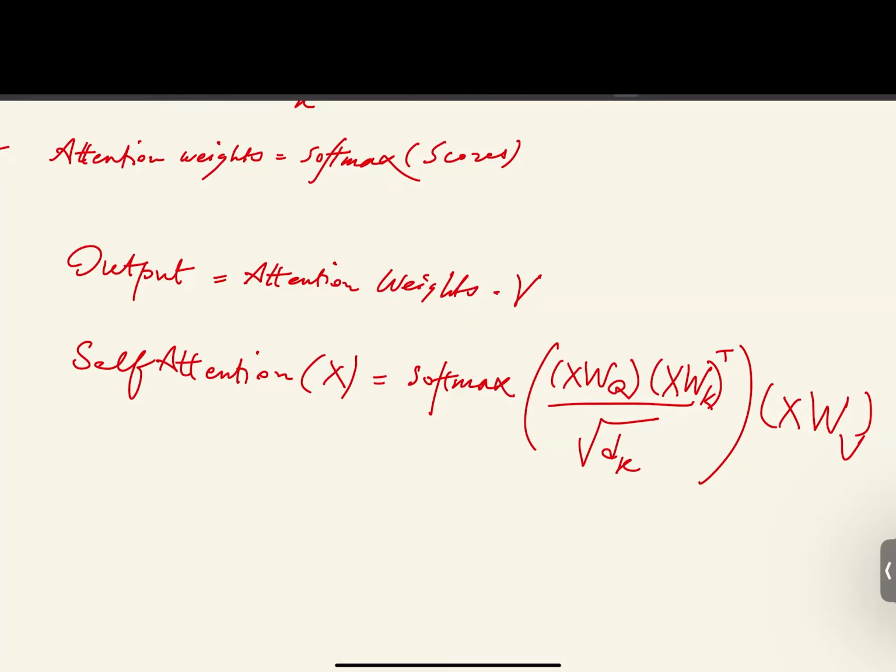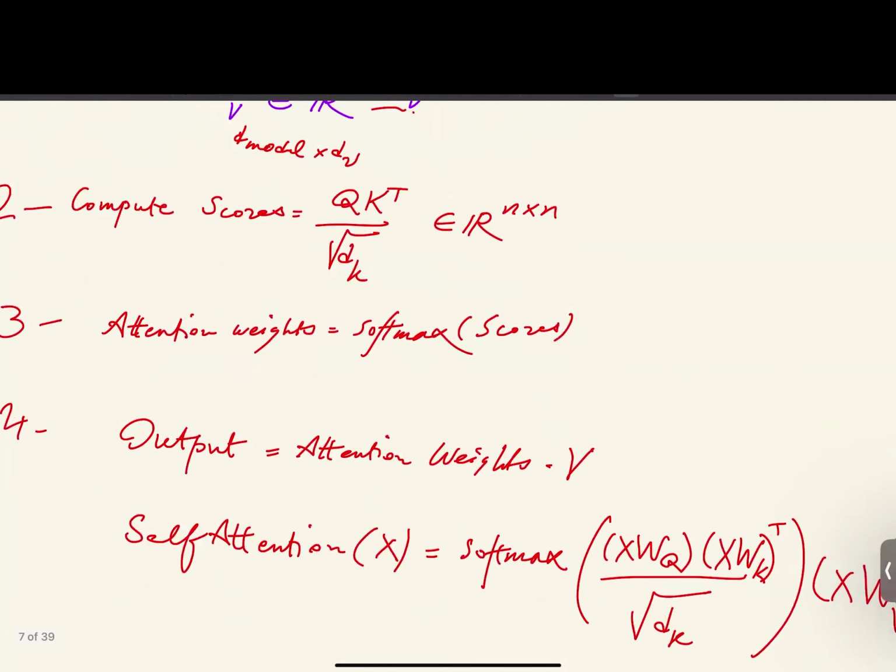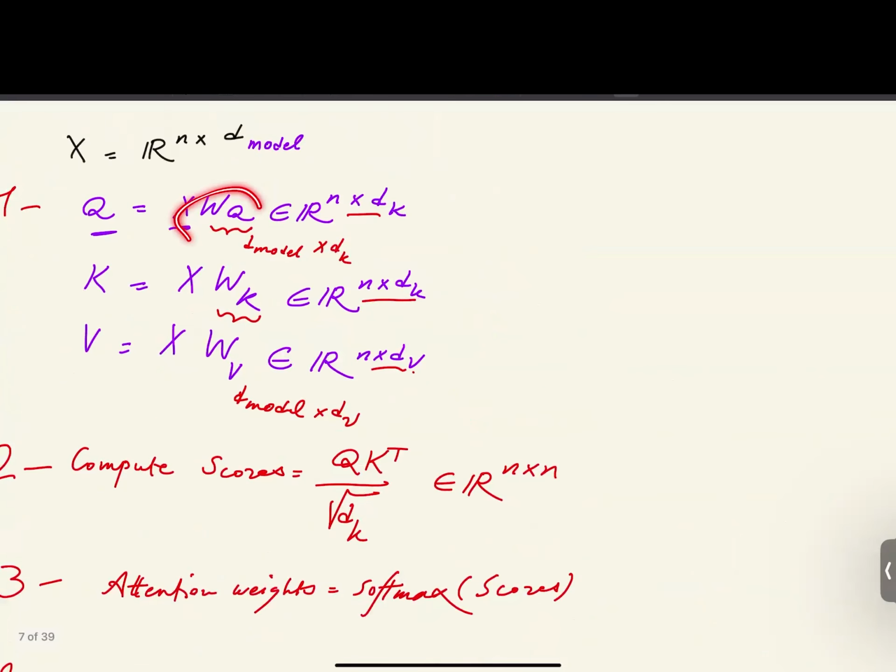This is all-to-all connection. Every position can directly attend to every other position in one step. None of those matrices, W_Q, W_K, and W_V, depend on the sequence length. That means that the same W_Q, W_K, and W_V work for any n, which is very significant.